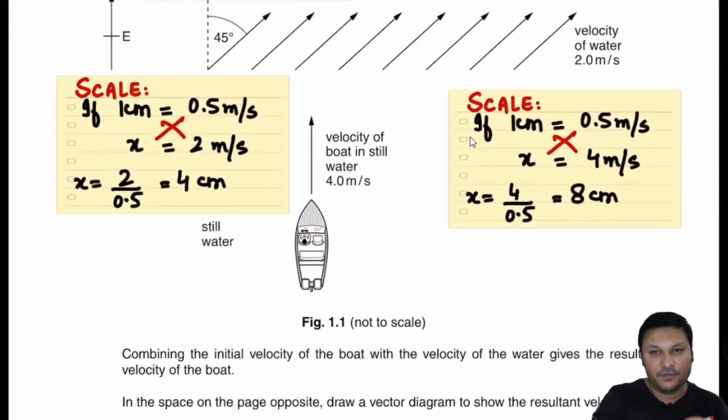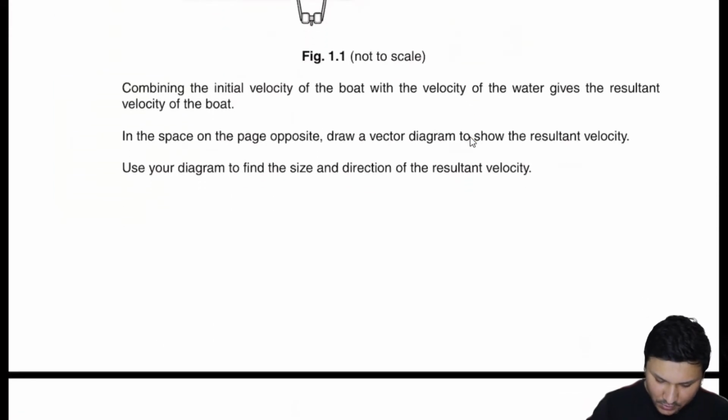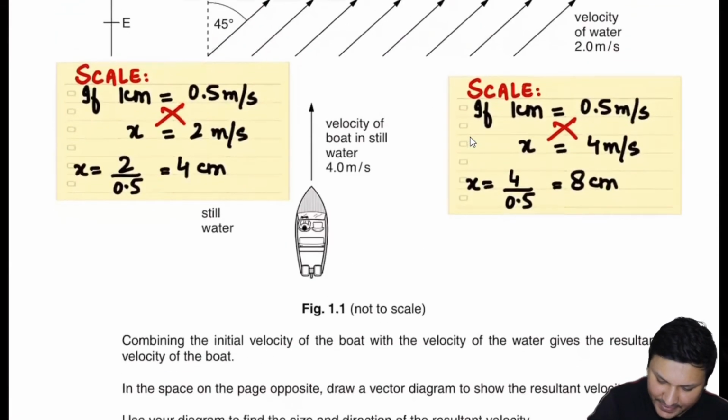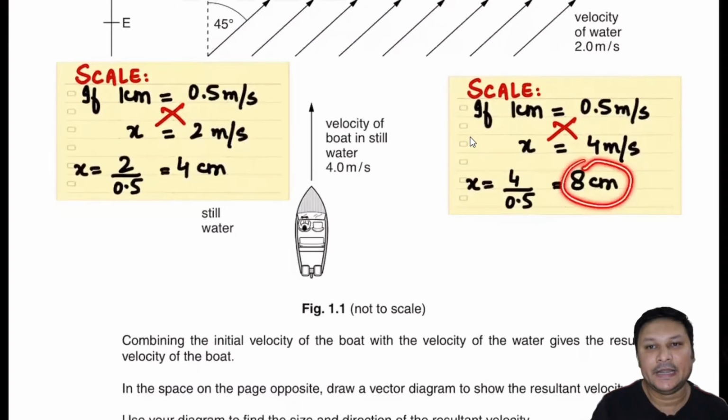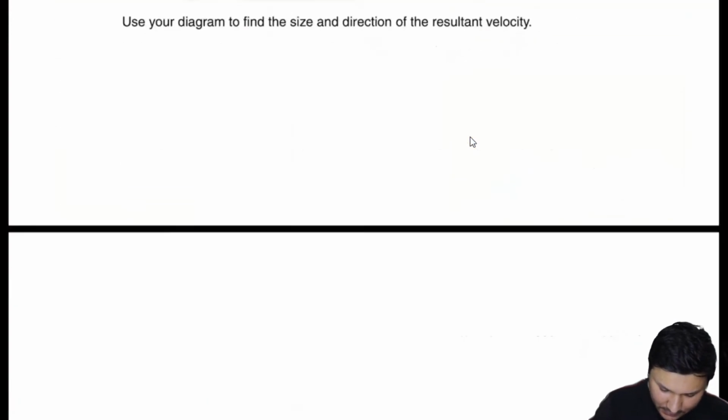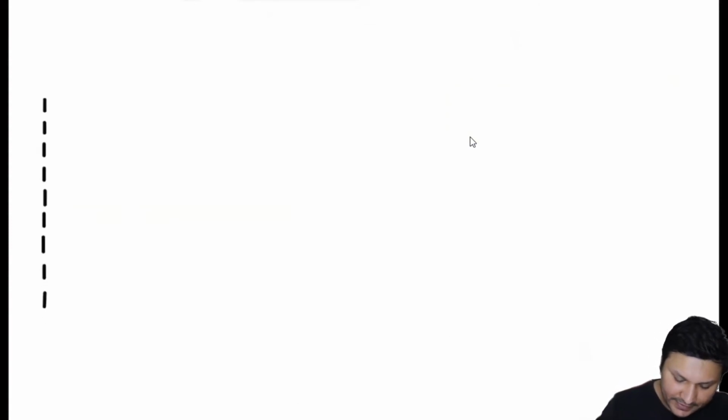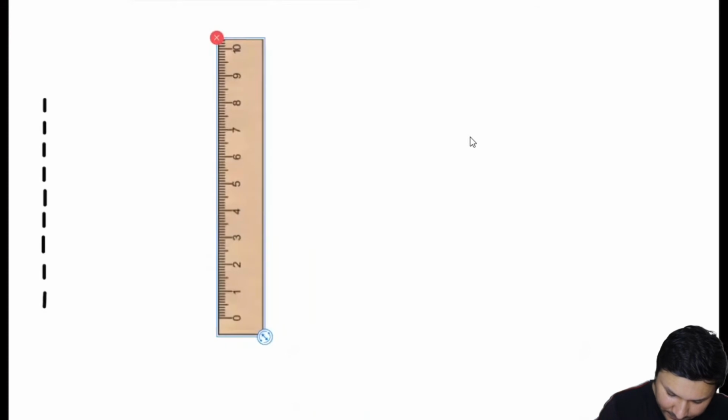Let me select 4 meter per second as first vector. So according to the scale, 4 meter per second will be drawn by 8 centimeters in the direction of north. That means upwards.